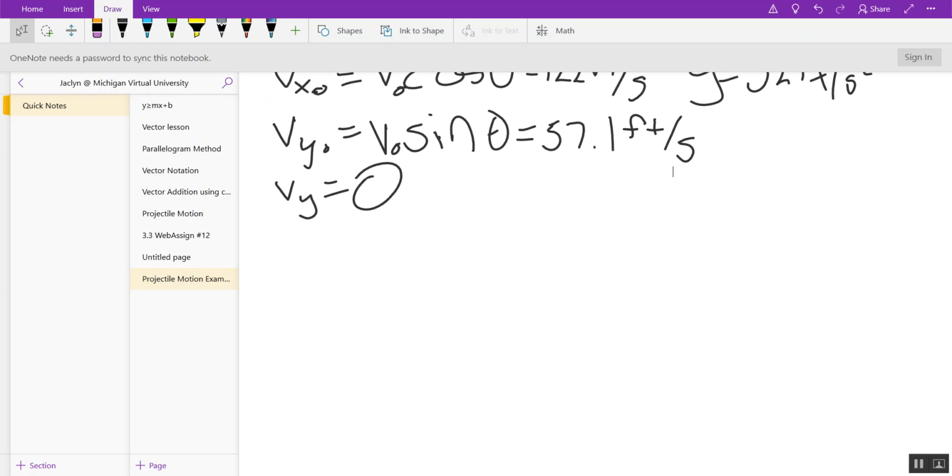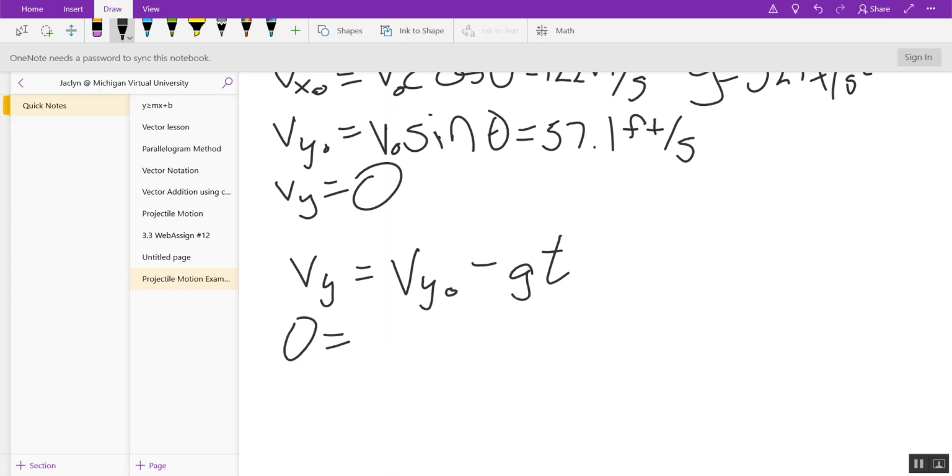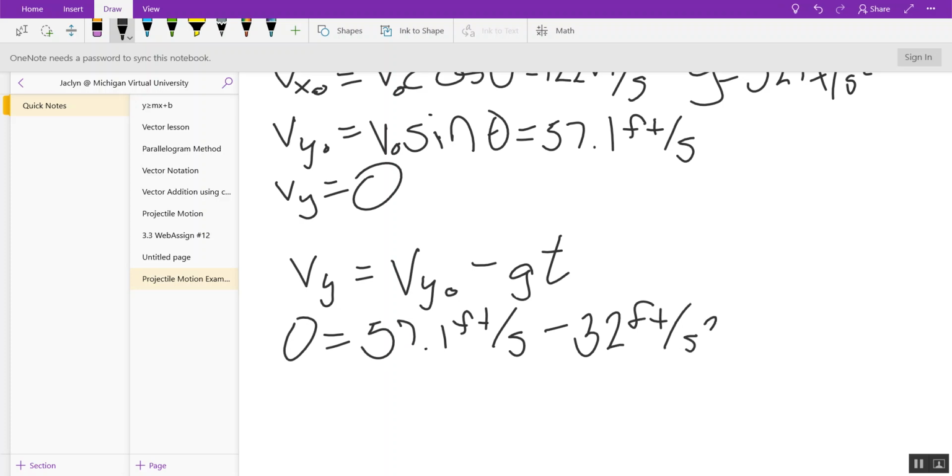Okay, so now let's start looking at the situation. I can use the equation that my final y velocity is equal to my initial y velocity minus g times t, and I'm doing the minus because gravity is going in the opposite direction of the initial velocity. So if I plug this in, 0 = 57.1 feet per second minus 32 feet per second squared times t, and I solve for t, I find that my t to the top is 1.78 seconds.